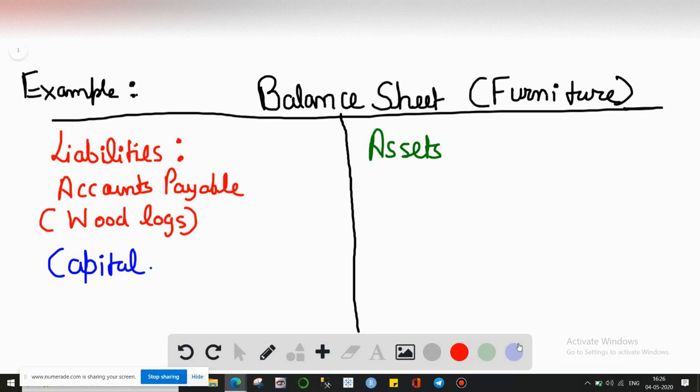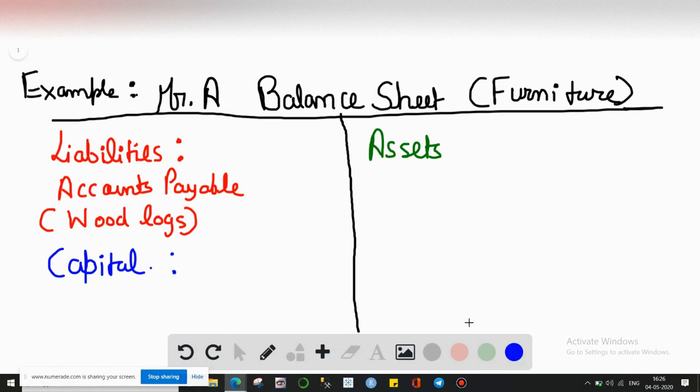Now in terms of capital, it is the investment of the owner of the business. Let's say suppose Mr. A is the owner of the business. Whatever amount, or any type of investment, which Mr. A has brought into the business to start the business will be considered as capital.